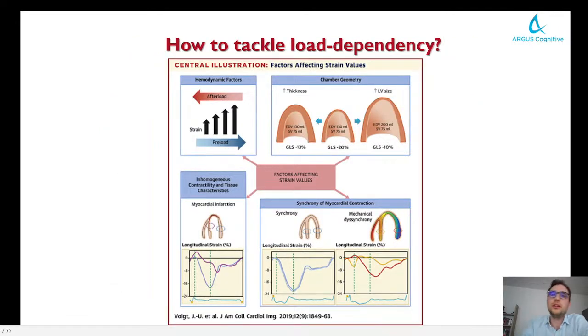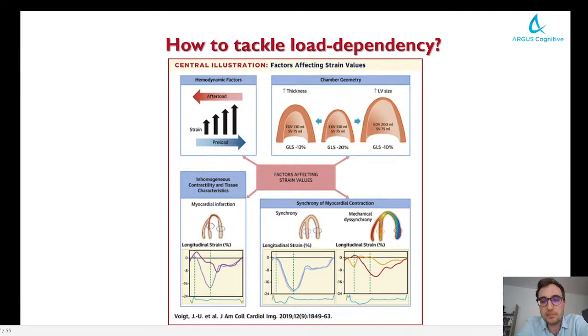Still, we have to admit that ejection fraction and also strain measures are heavily affected by other factors. Which are these factors? Namely, the loading conditions, so preload, and maybe more importantly, afterload heavily influences our functional measures. The synchrony of the chamber, which is quite commonly neglected but very heavily influences the global function.